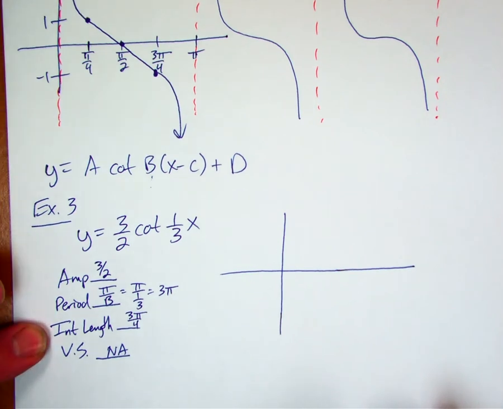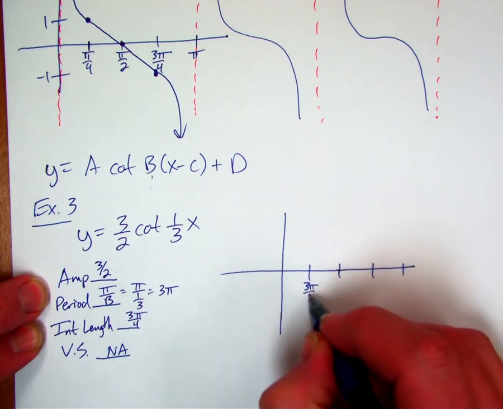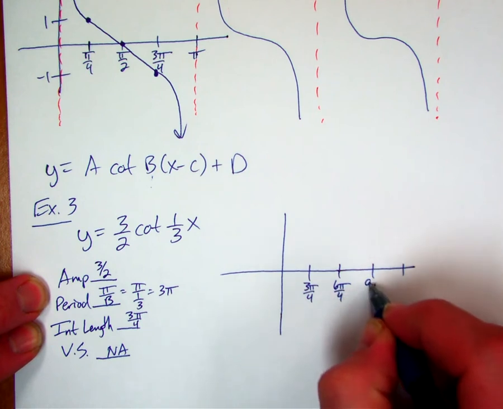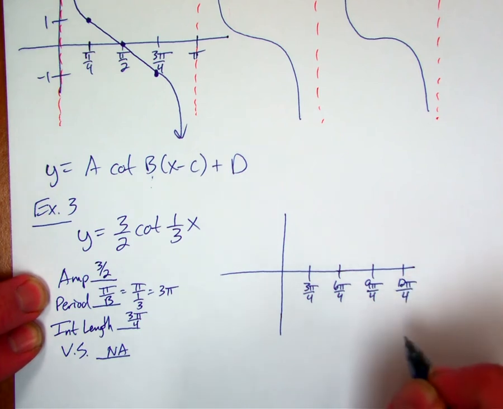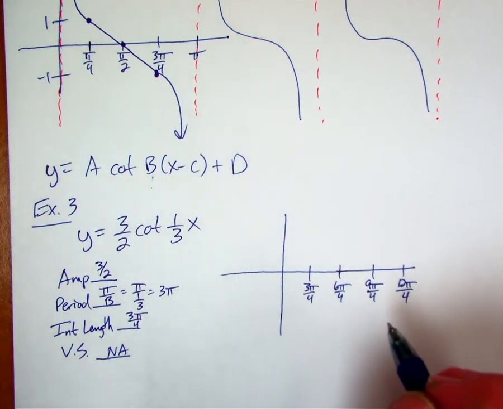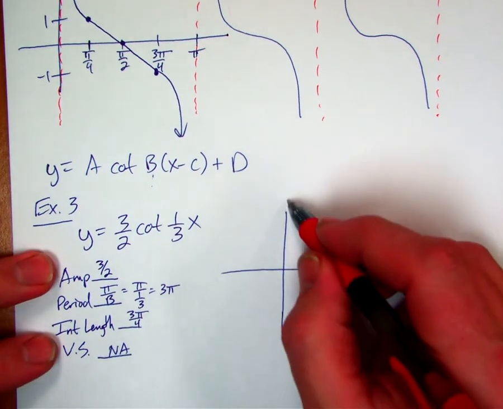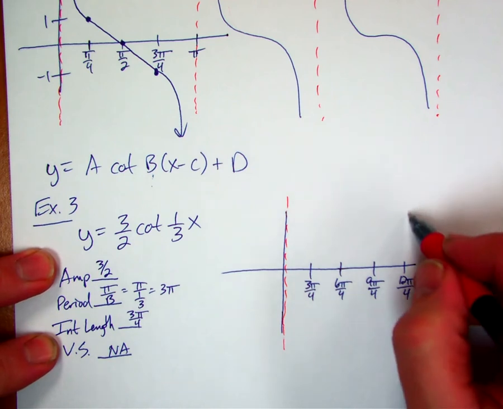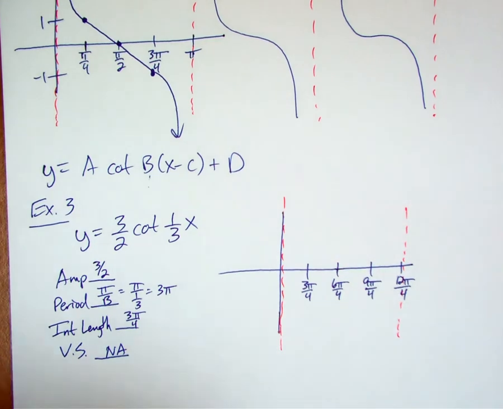Still starting by counting by your interval length and stopping at your period. So if I'm counting by 3 pi over 4, this next one is now 6 pi over 4, 9 pi over 4, and 12 pi over 4. 12 pi over 4 does reduce to 3 pi. We did it right. That's good. Cotangent does have undefines on the outsides, so on the first one and the last one.